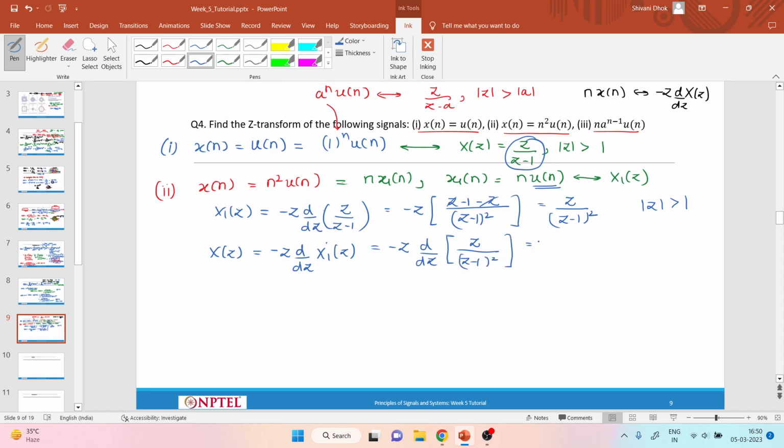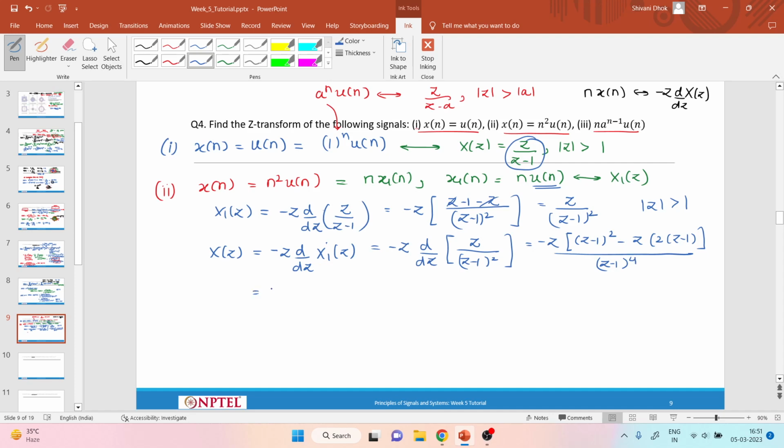So this is equal to minus z into z minus 1 square minus z into 2 into z minus 1, upon z minus 1 whole power 4.